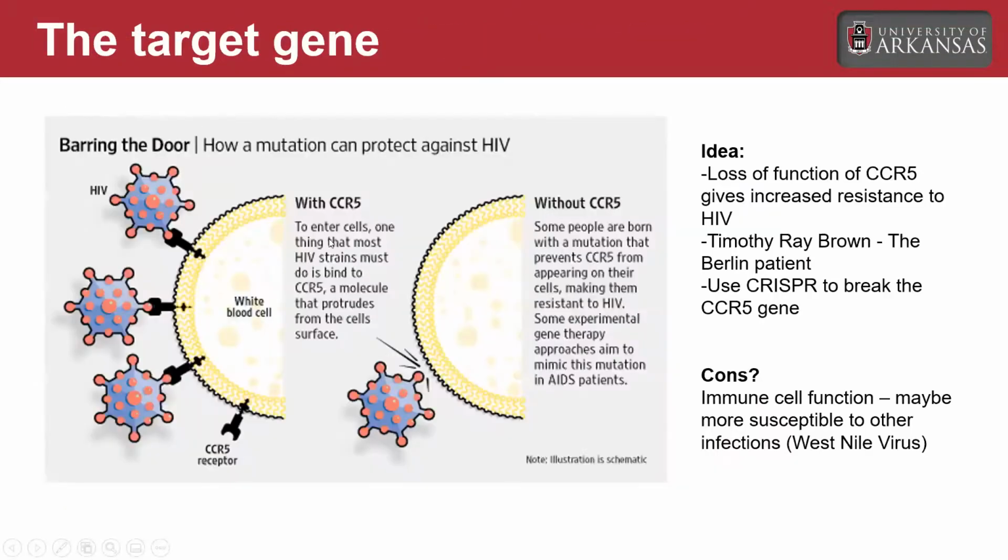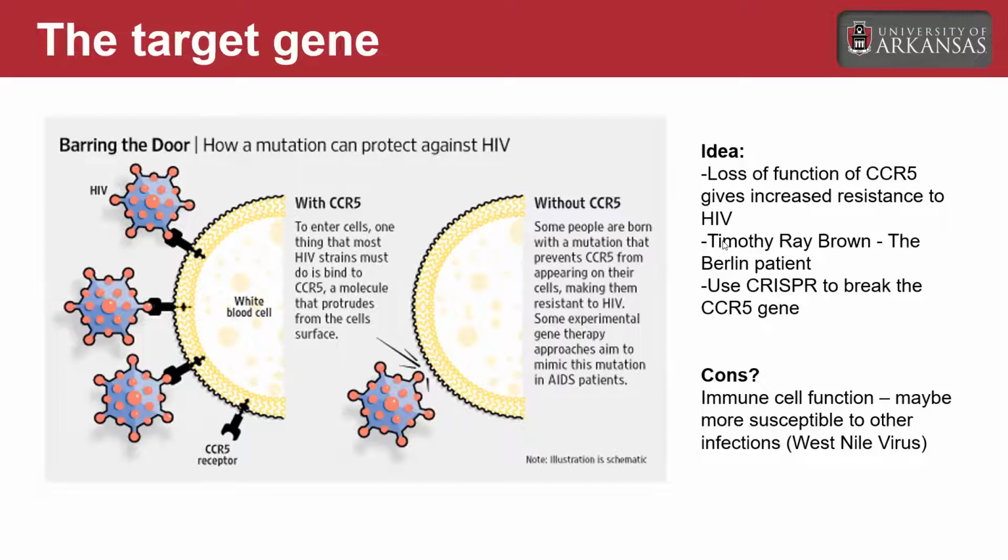So that's exactly what they did. They got it from a patient who already was lacking CCR5. They got white blood cells from a patient without CCR5, infused those bone marrow cells into Timothy Ray Brown, and that cured his HIV. So he was the first man effectively cured of HIV.